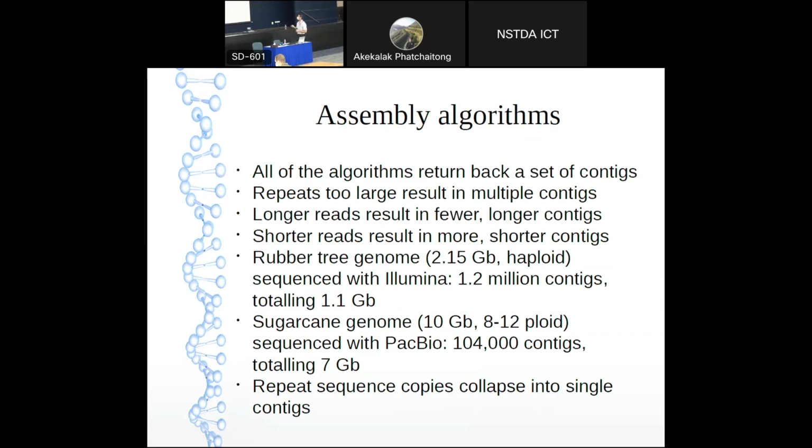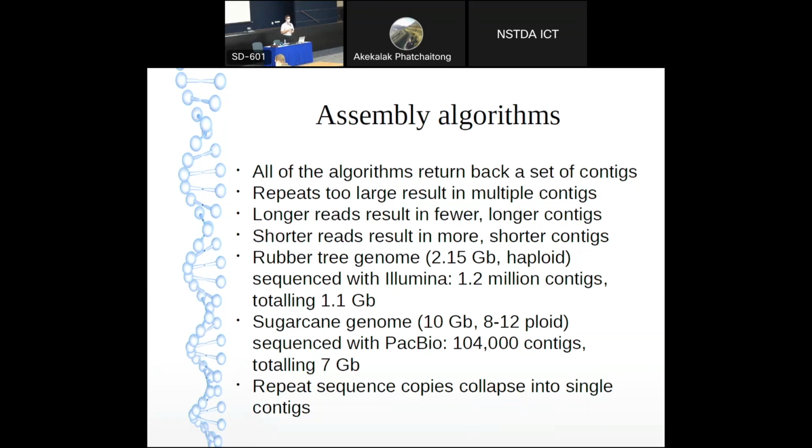And we've also sequenced the sugarcane genome. The entire genome is about 10 gig, and it's an 8 to 12 ploid, which means that instead of having 2 copies of each chromosome, it has 8 to 12 copies. So we sequenced this using PacBio only, and the resulting assembly produced 104,000 contigs, totaling 7 gig.